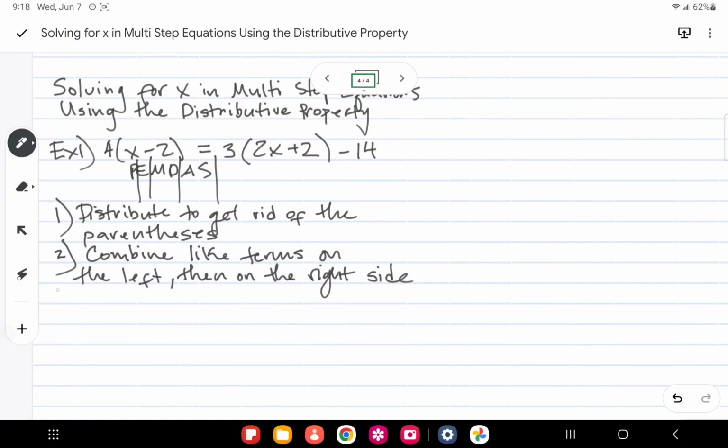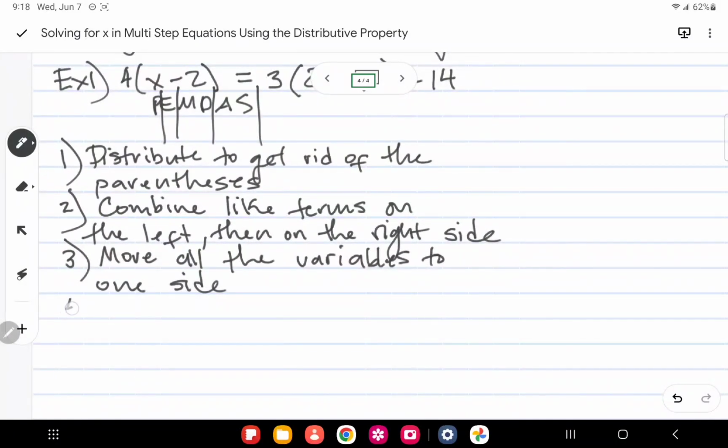Once you've combined like terms, move all the variables to one side.